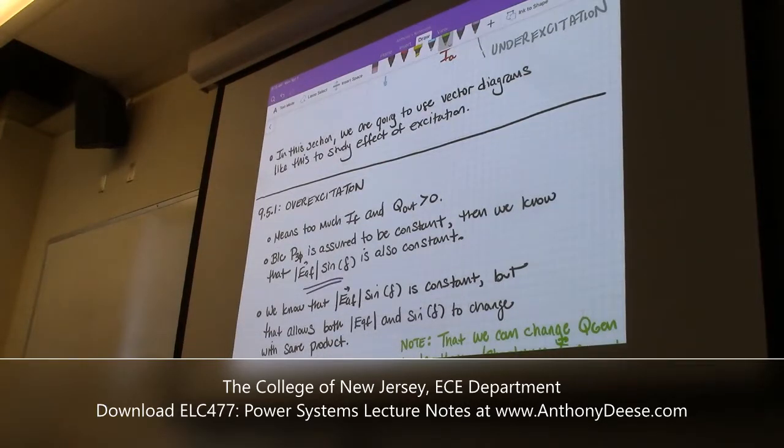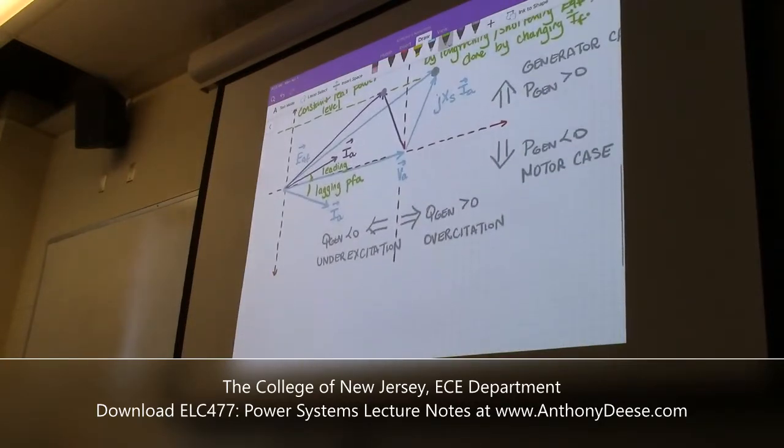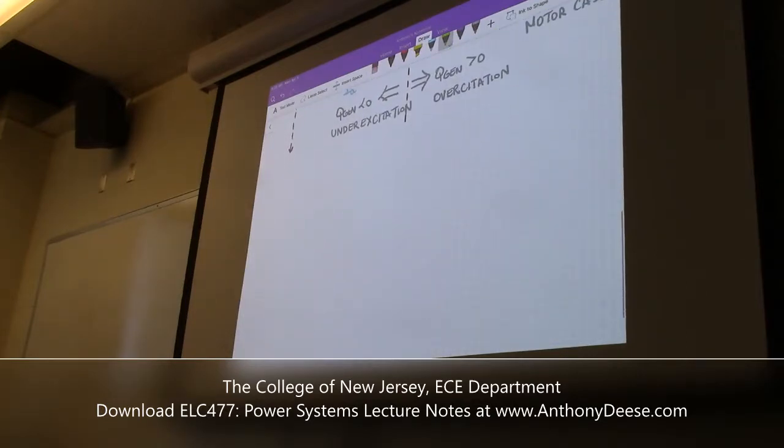If you can draw these figures, if you can do the calculations that are associated with them, which is just KVL, then you should be able to handle all these problems. Underexcitation.